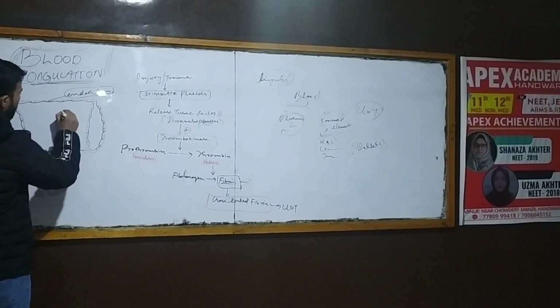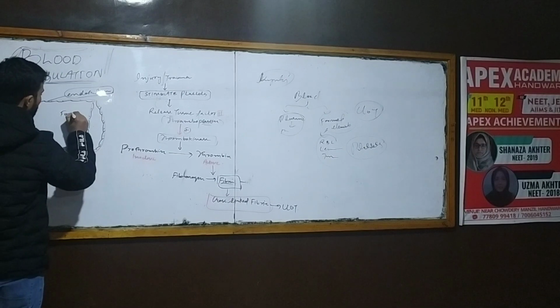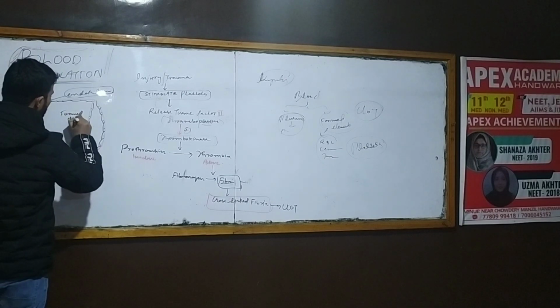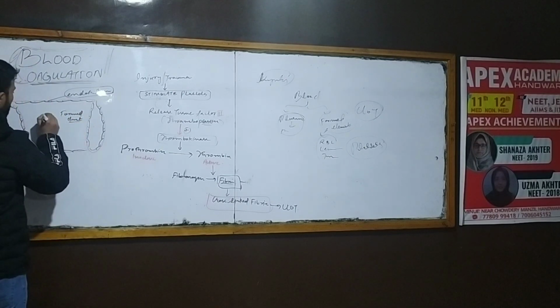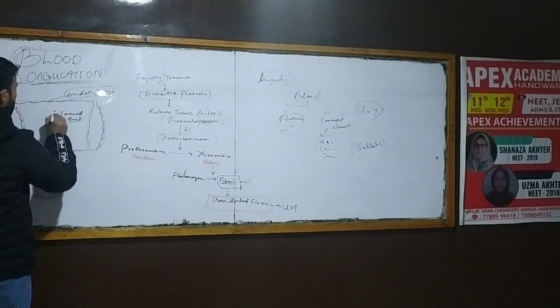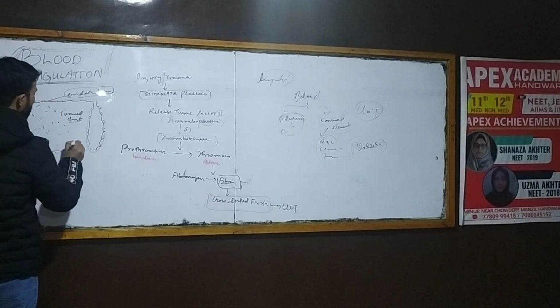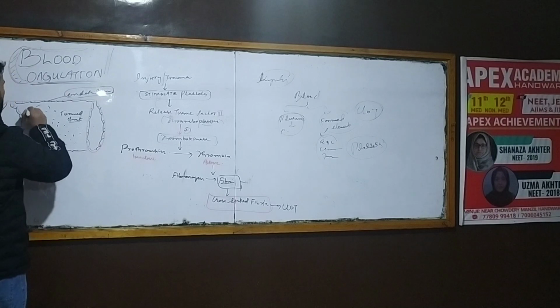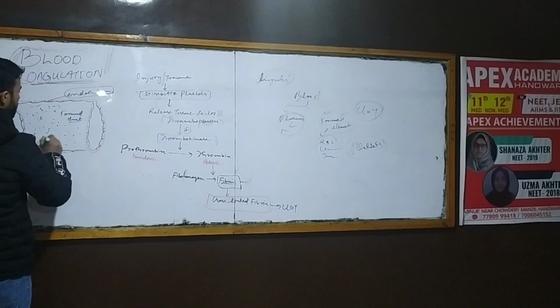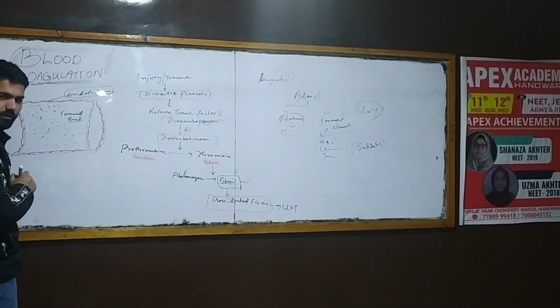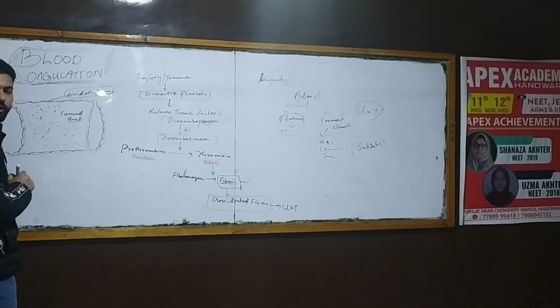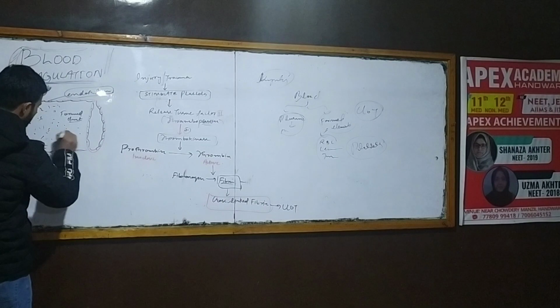You find formed elements and plasma. Plasma is the liquid portion of the blood, in which the proteins are present, like fibrinogen, albumin proteins, and some other proteins, and cholesterol is there.